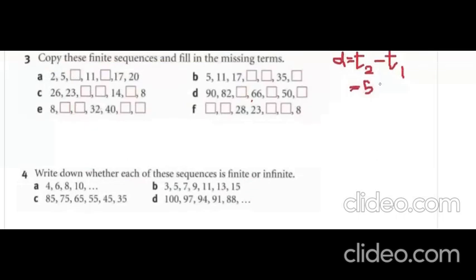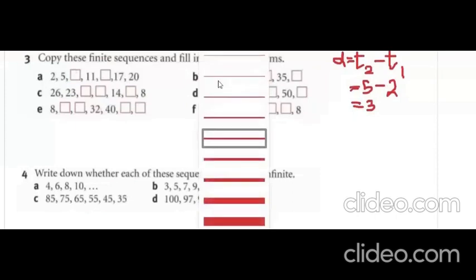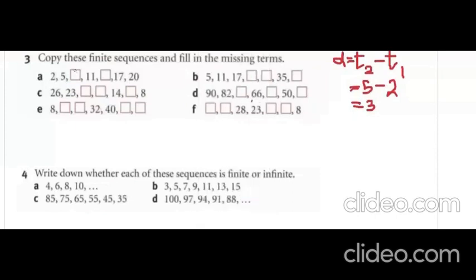So the second term is 5 and the first term is 2. So 5 minus 2 is equal to 3. So from that we got the common difference between each term. So 2 plus 3 is 5 and 5 plus 3 is going to be 8. 8 plus 3 is 11 and 11 plus 3 is 14.